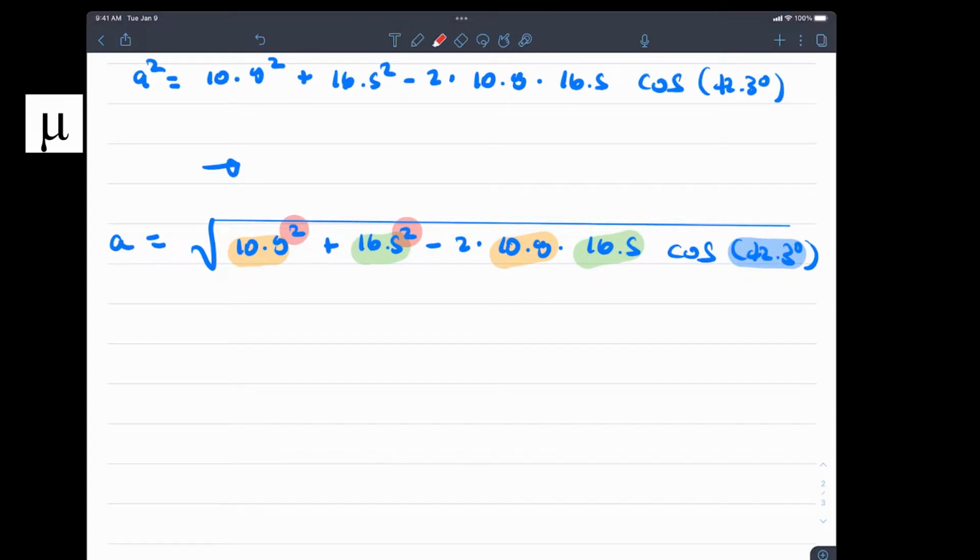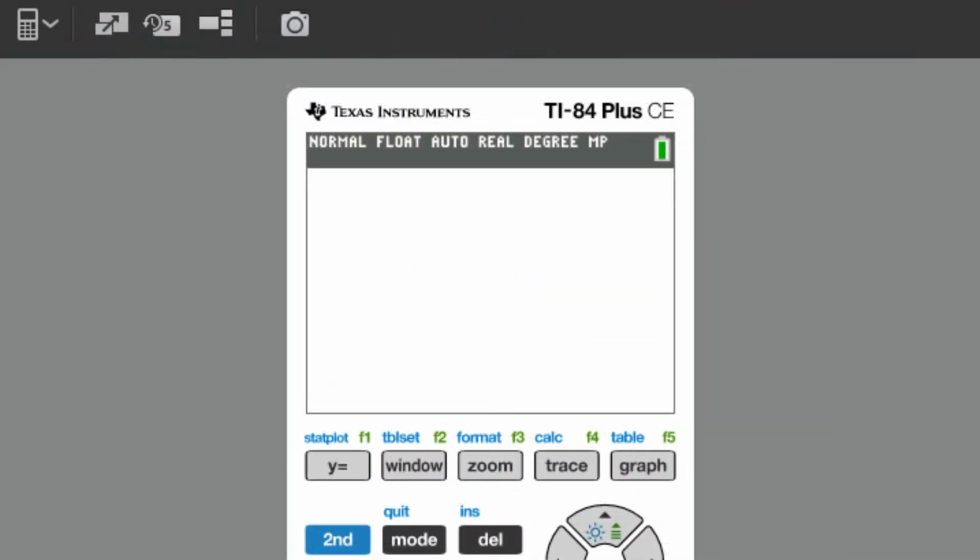So we're going to get out the calculator. Here we go. Okay, so let's go to the TI here. And you say, well, what do we do?